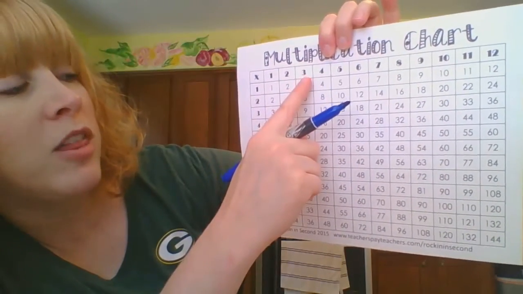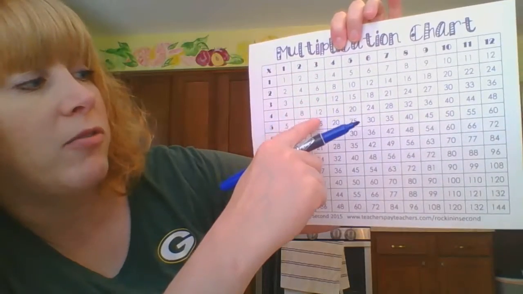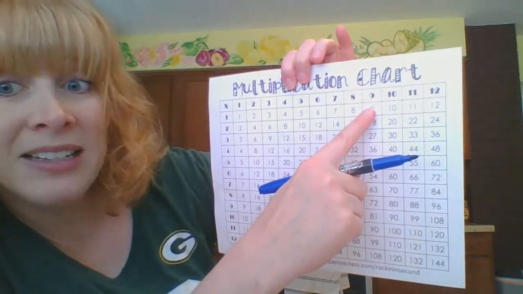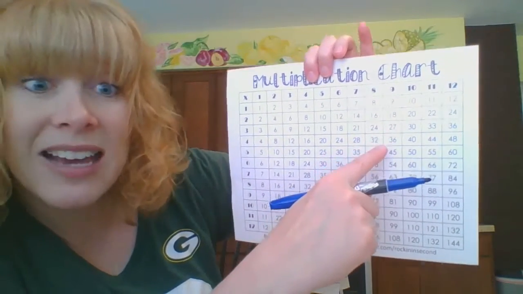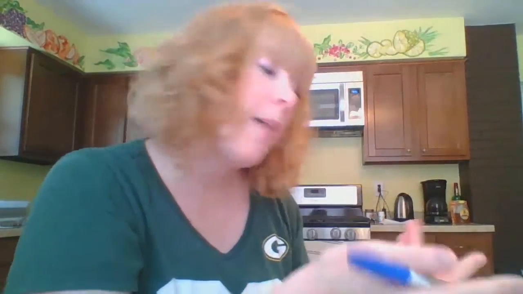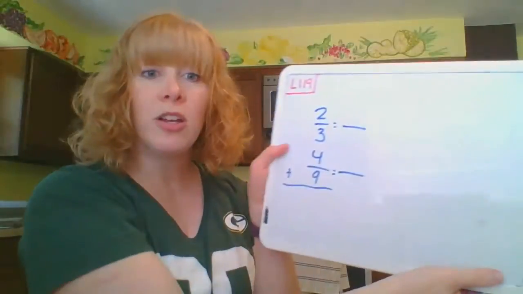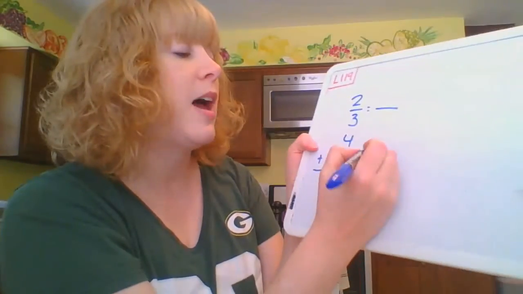So if I look down my threes column, 3, 6, 9, 12, 15. If I look down my nines column, 9 is a multiple of itself, 9, 18, 27, 36. So 9 is the LCM. It's the least common multiple. That's the lowest common denominator. I'm going to be looking at 9 for my common denominator.